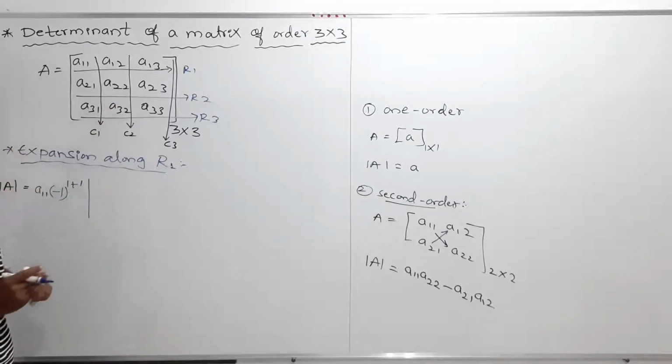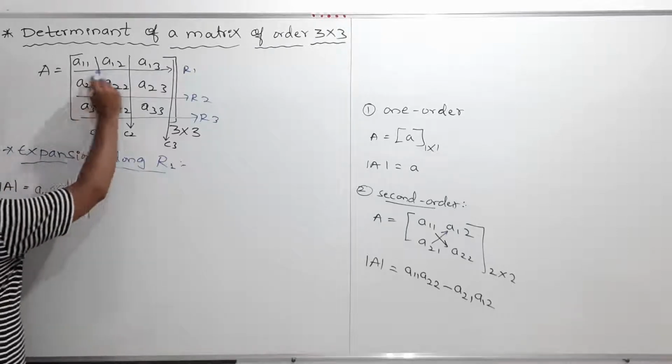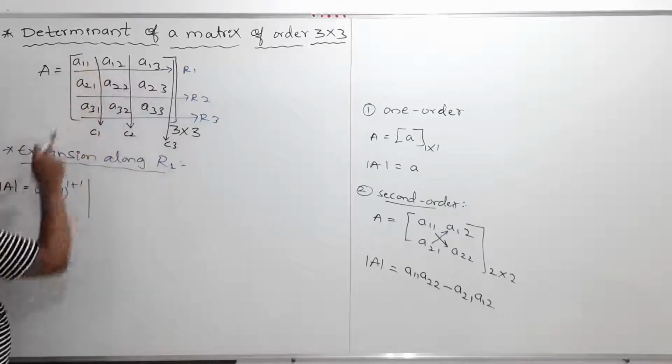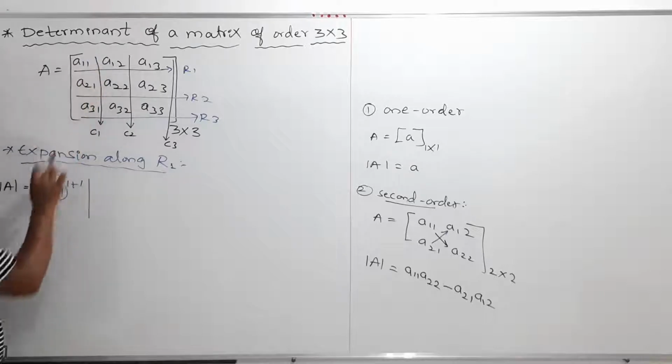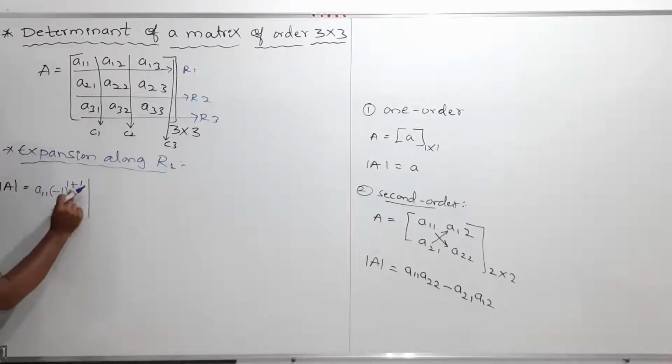So how to calculate the 2 cross 2 determinant: along row 1, first I consider this A11 element. First write the A11 element. After writing this, next you should multiply with (-1) to the power of the sum of the suffixes, into, again you should multiply this with the 2 cross 2 determinant.